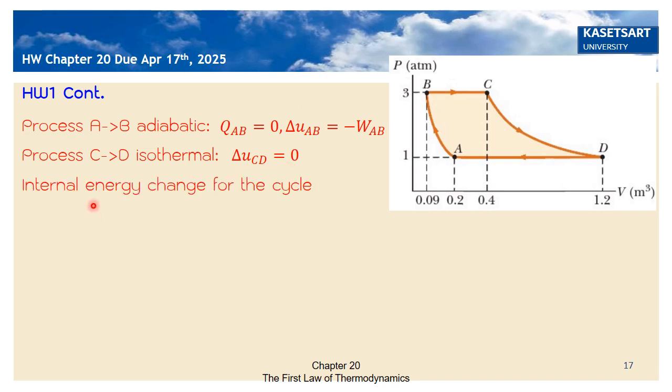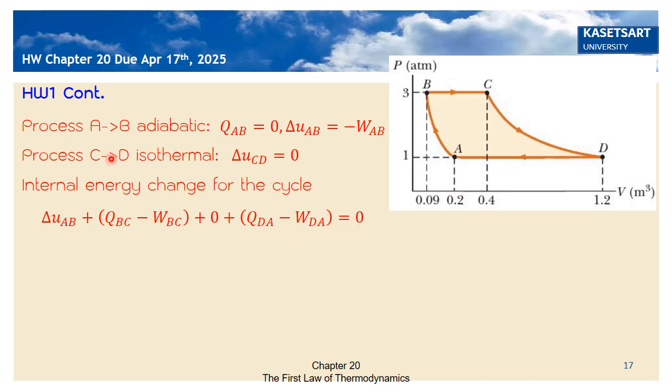So then we can put these two conditions into the internal energy change for the whole cycle: delta U_AB plus Q_BC minus W_BC plus 0 plus Q_DA minus W_DA equals 0. So this is the total energy change for the full cycle.